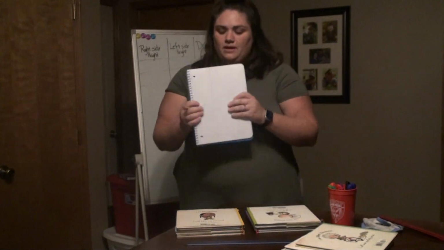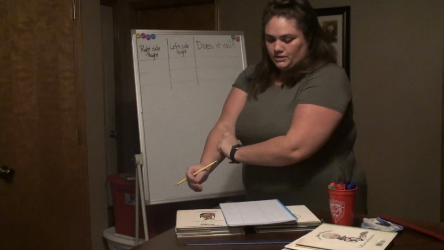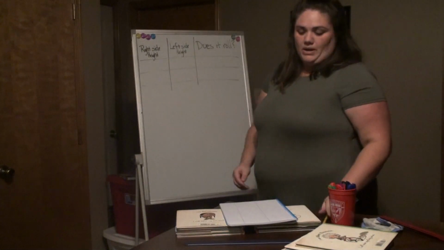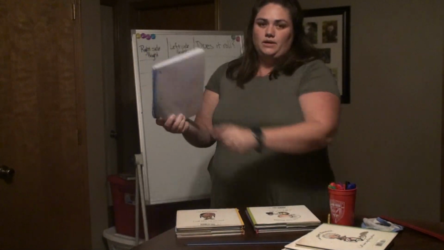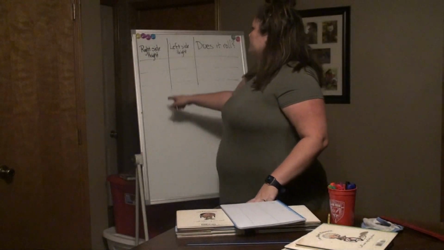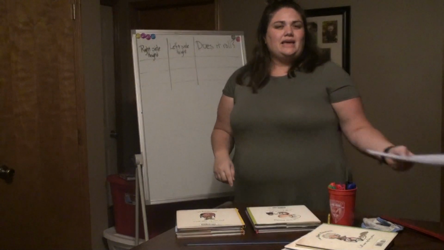Do they have to be perfectly even? No. Mine aren't. Mine are all different sizes, and it's okay. So in the first box or section right here, we're going to write the right side height. What do we think that means?